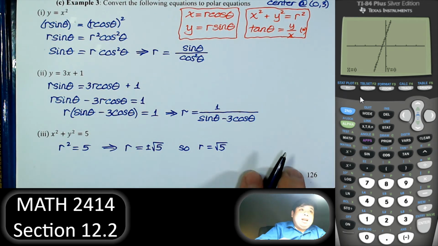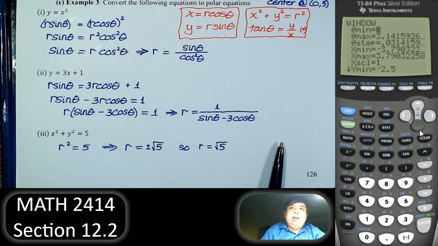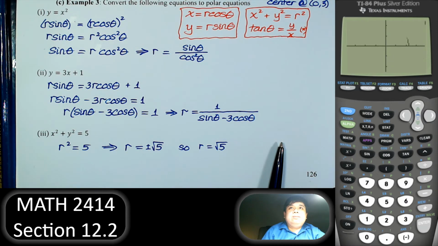By the way, it's no big deal, but if you see the graph here, square root of 5. Yeah, so that's just a circle. Remember, we only let it go from 0 to pi. So if we want a whole circle, yeah, that's the whole circle there.